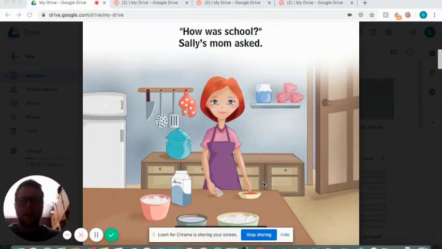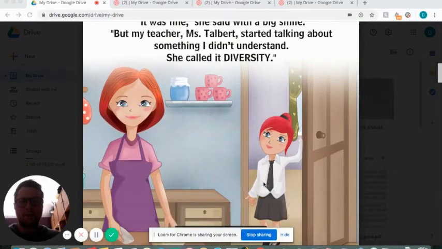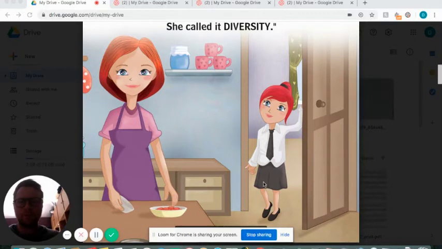And now we're going to scroll down to where Sally comes in. So have a look where Sally's hands are at, and where she's currently standing.